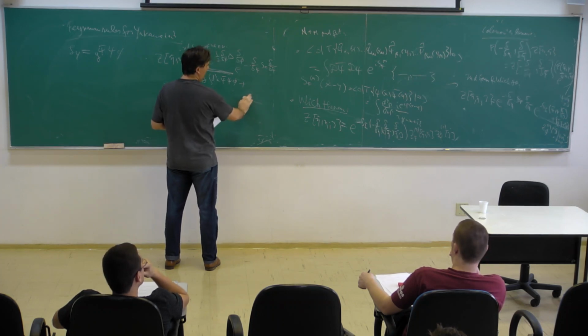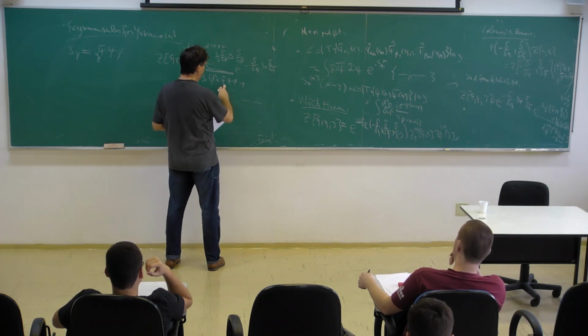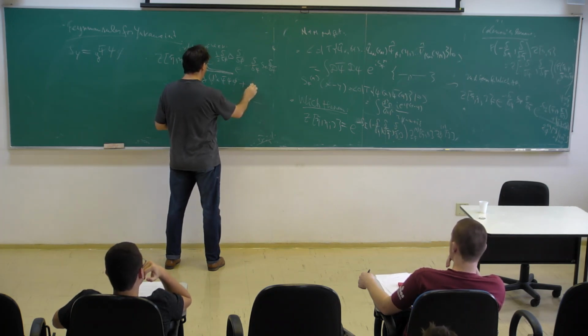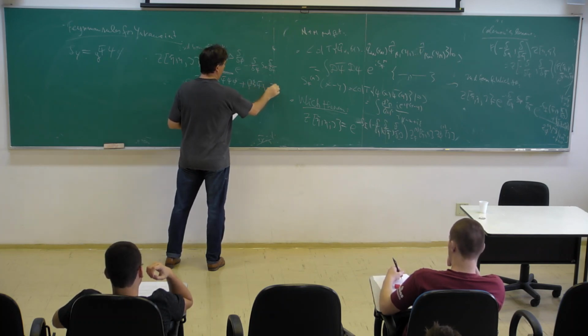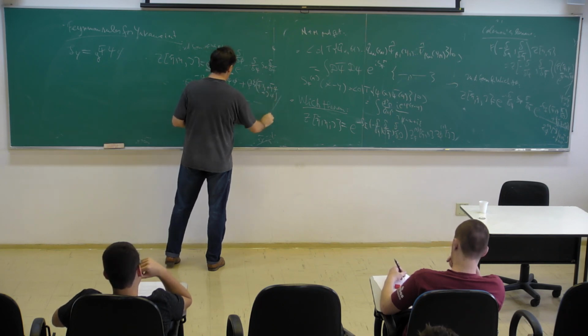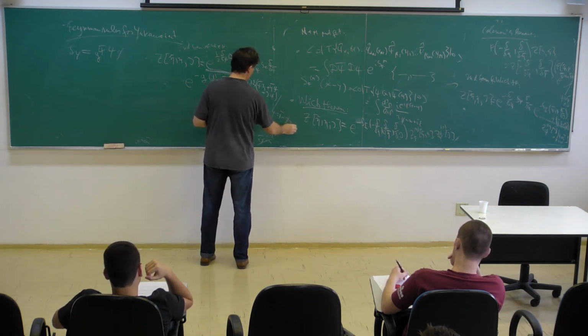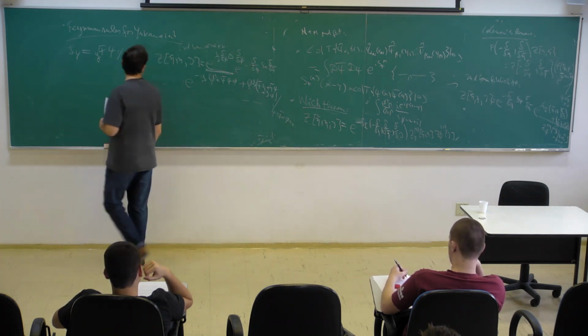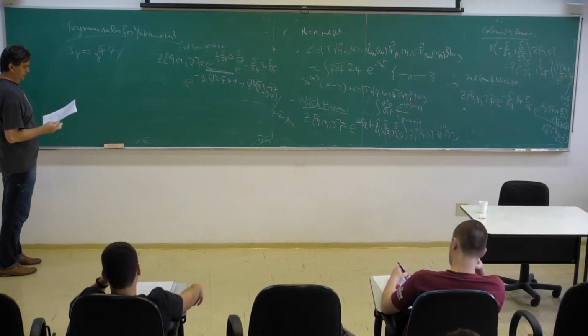There's no free partition function to act on. It's just the interacting piece and then the source term. So plus integral d4x psi bar eta plus eta bar psi plus j phi. Okay? So this is the partition function.